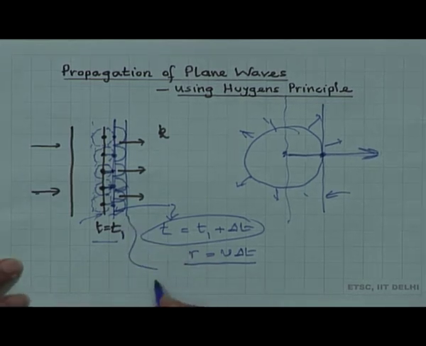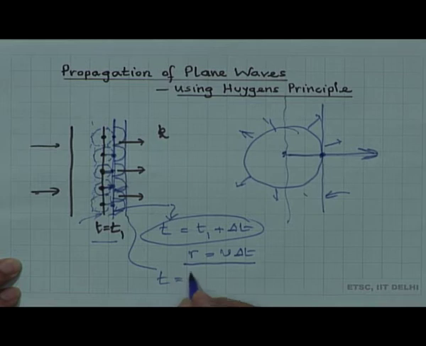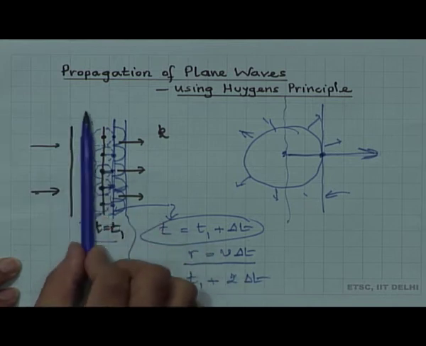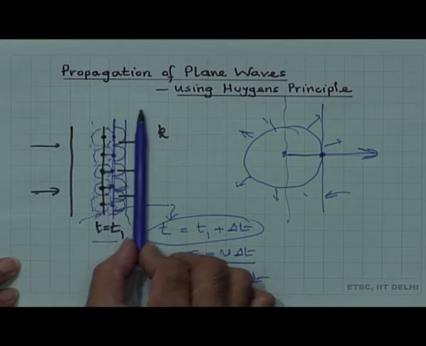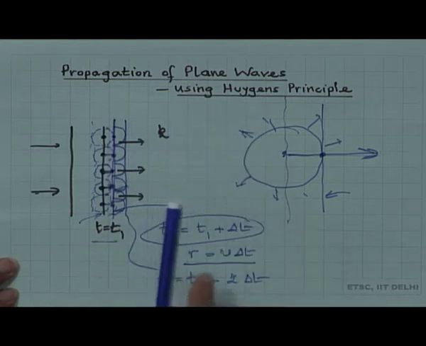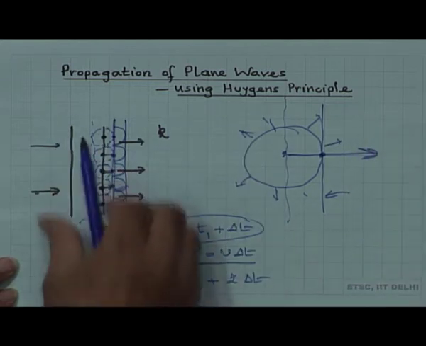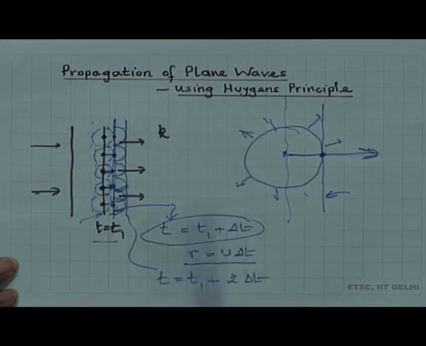So, this would be the wavefront at a later time t equal to t1 plus 2 times delta t, and so on. In other words, this explains the propagation of plane waves in the direction of k, the evolution of the wave with time.